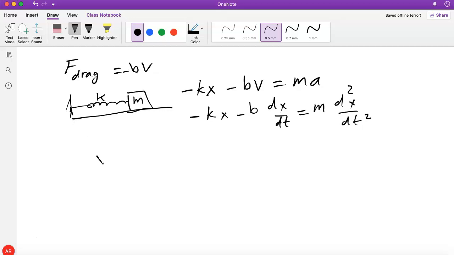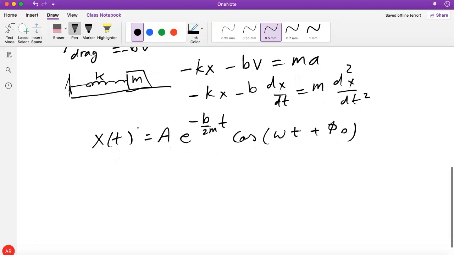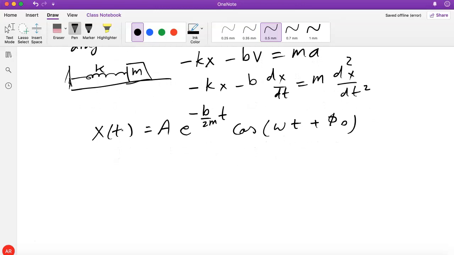So here's our solution. x of t is A e to the minus b over 2m times t, cosine of omega t plus phi naught. And then we're going to find omega. It turns out that the frequency changes when b is non-zero, from the case where b is 0.